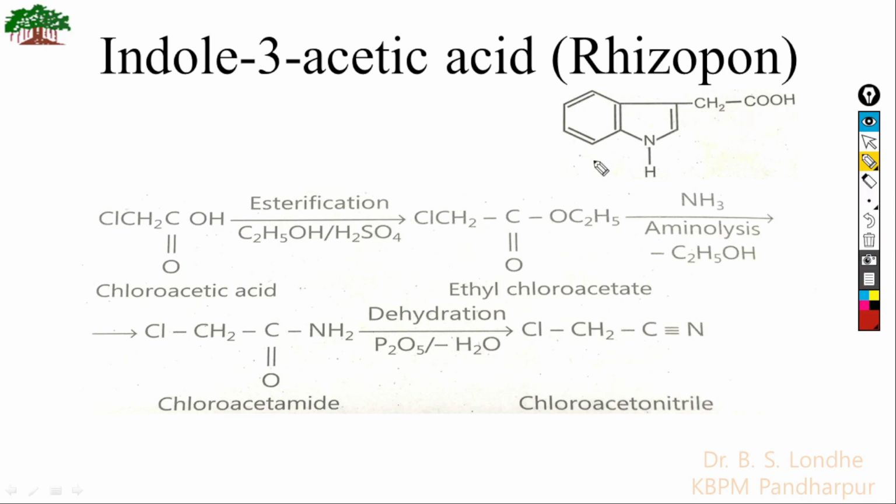So the name is indole 3 acetic acid and commonly known as rhizopon. It is also known as heteroauxin. It is a pale yellow salmon colored crystalline substance and it is a plant hormone.